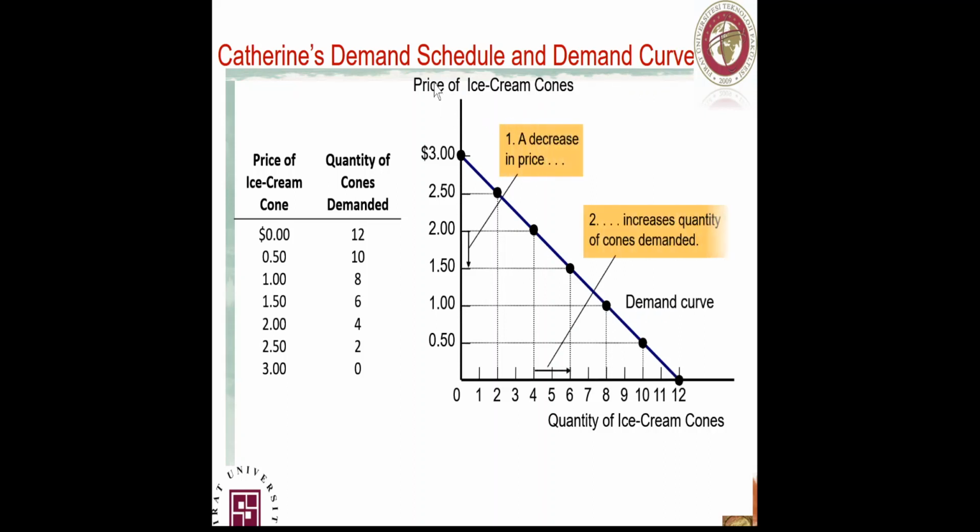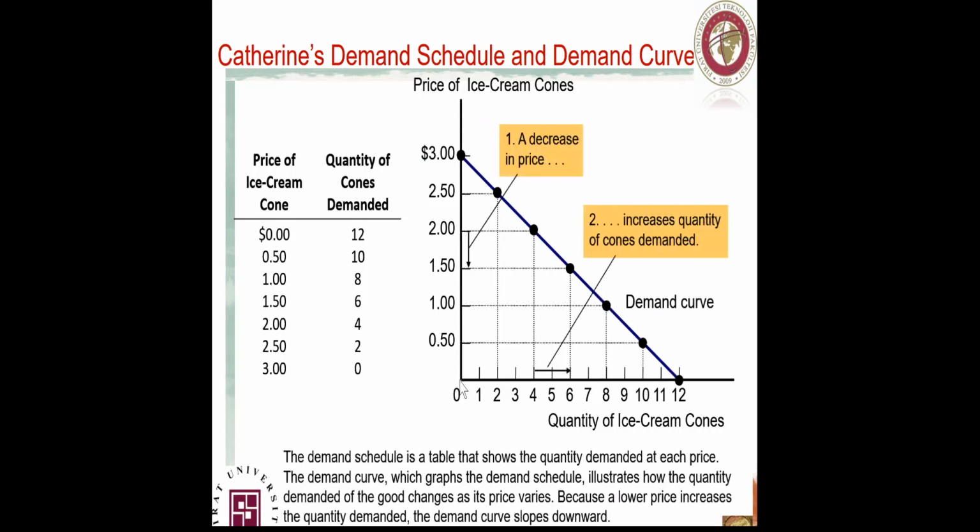So the y-axis is the price, remember it, and the x-axis represents the quantity demanded. You place all these dots, then connect them together, and you will get what we call the demand curve.